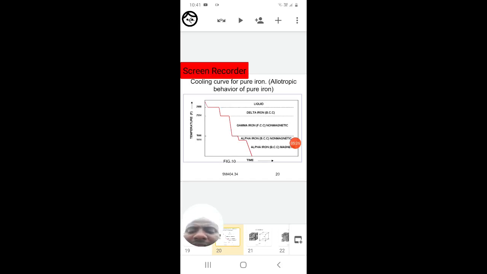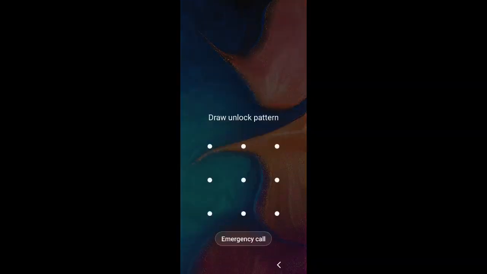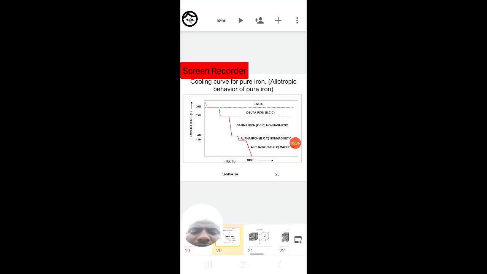From 1666 to 1414, alpha iron exhibits a BCC structure and is non-magnetic. Below 1414 Fahrenheit, the same alpha iron with magnetic properties is called beta iron.